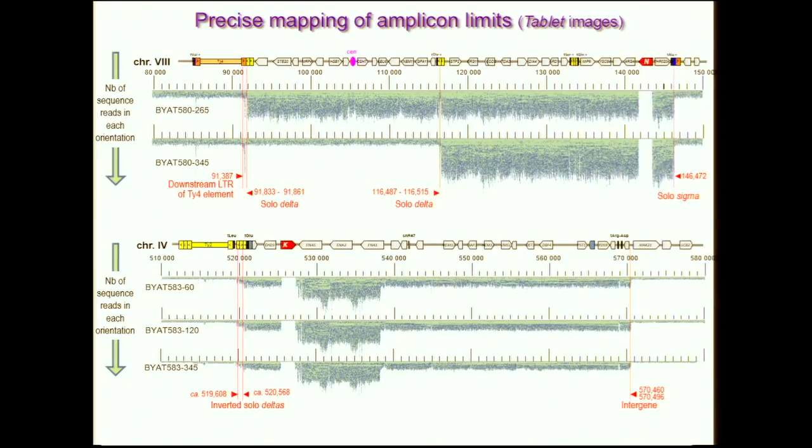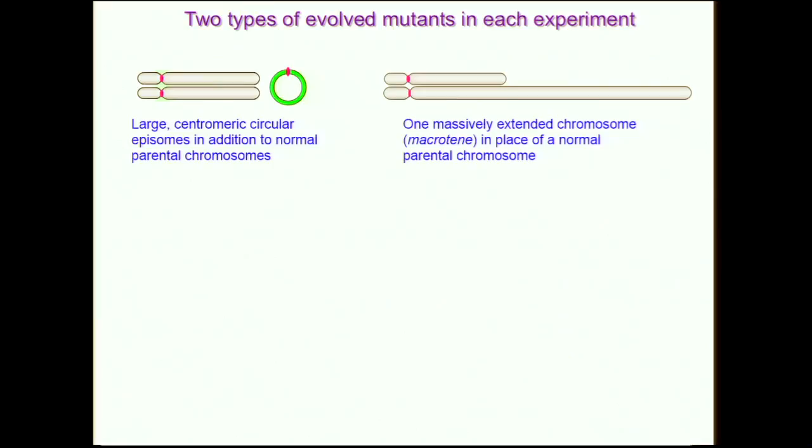Okay. Out of that, and looking at PCR sequencing junctions, it took us some time, we eventually determined the structure of these amplified chromosomes. And in every experiment we've done, we find 2 things: formation of very large circular episomes and formation of the macrotein chromosome, as shown here.